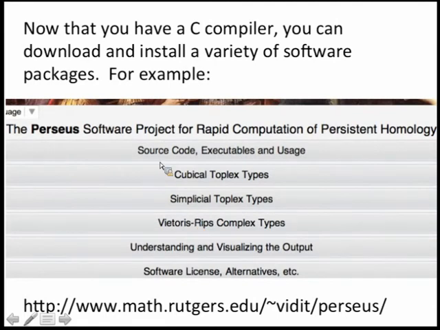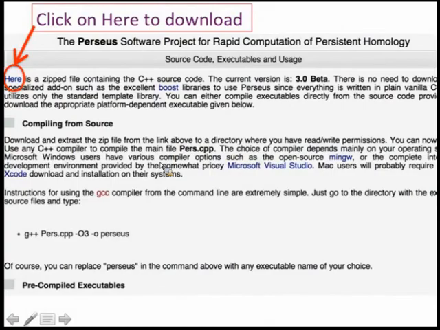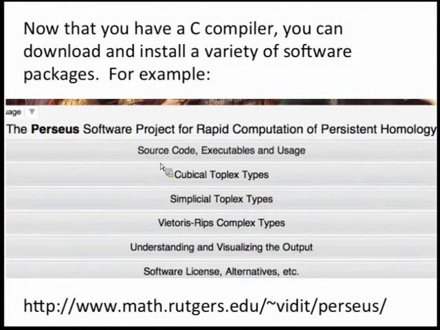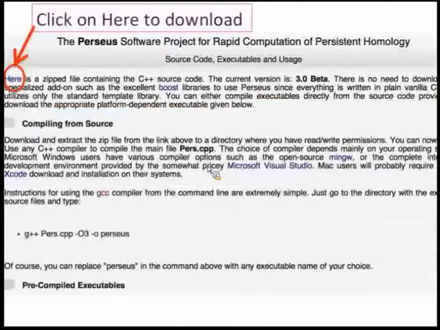But my main reason for doing this is just to mention that since we now do have a C compiler, you can install a variety of software packages. Now, if you did not want to use the C compiler or you're on a PC and you haven't done it yet, since I'm only giving you Mac instructions, there are actually pre-compiled executables. You could have downloaded that instead.